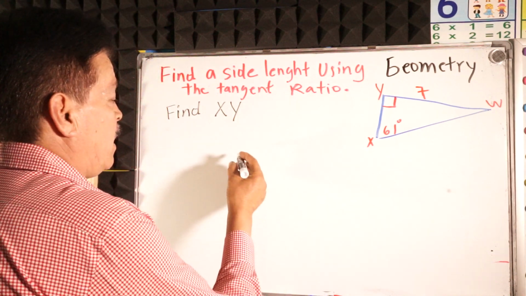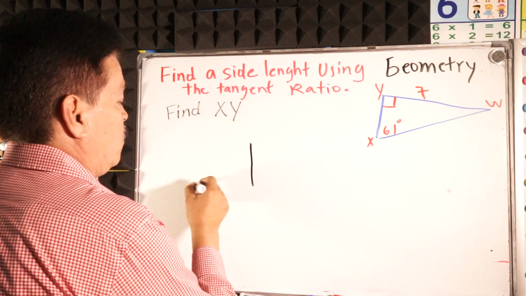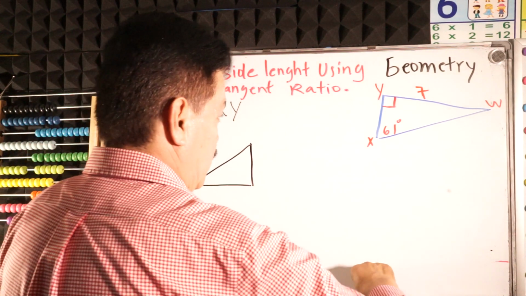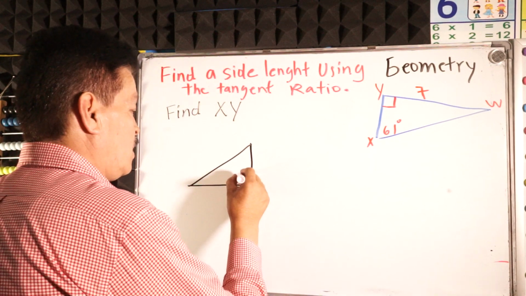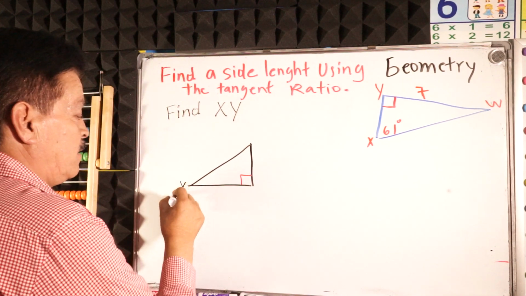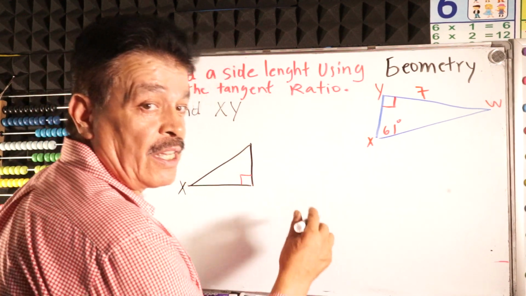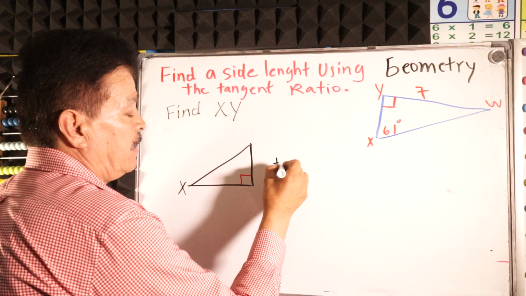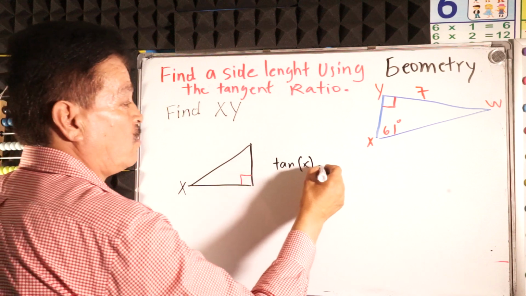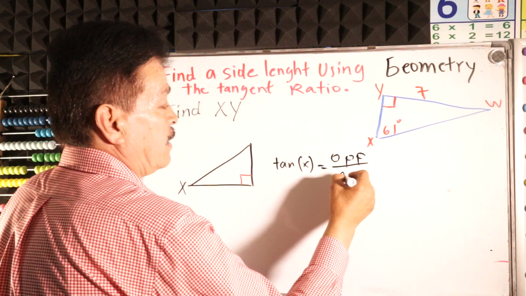For instance, if we have a right triangle, we're talking about the right triangle. I have one example here. This is a right angle here, and then we have an x here. The concept of the tangent ratio: the tangent of x is equal to opposite over adjacent.